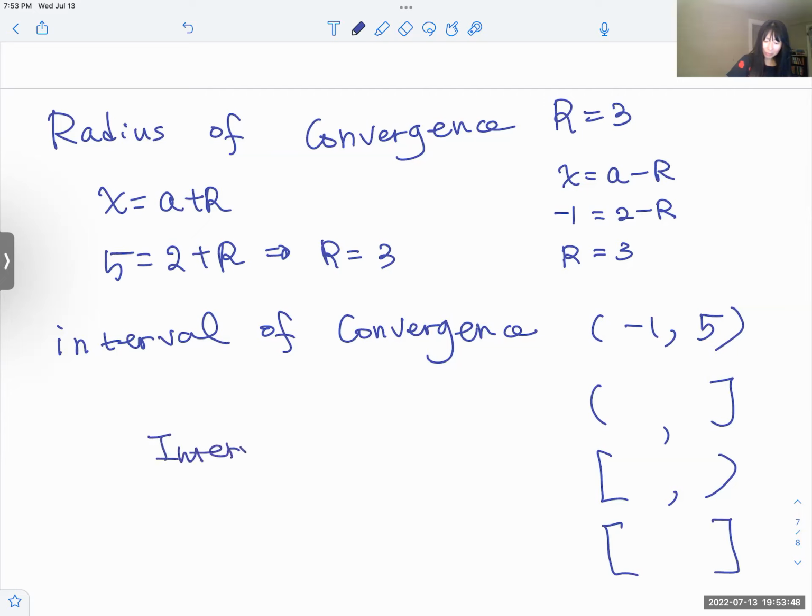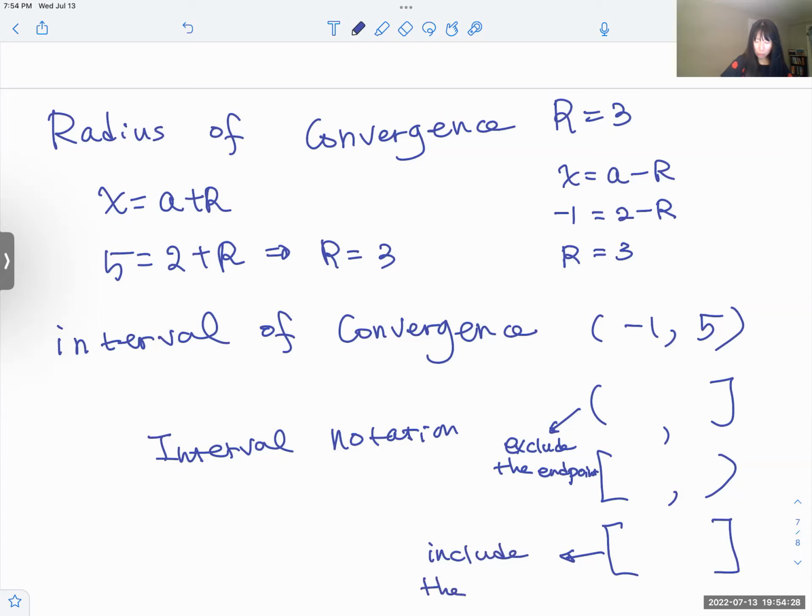The bracket is telling us we include the endpoint, right? The parentheses are telling us we do not include the endpoint, so we exclude it. The bracket includes the endpoint.